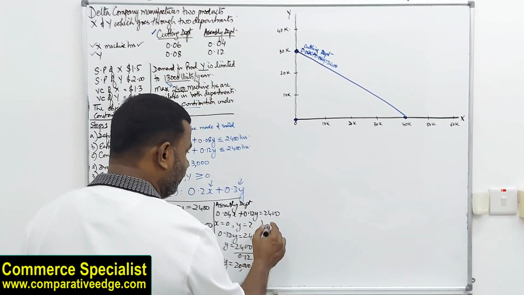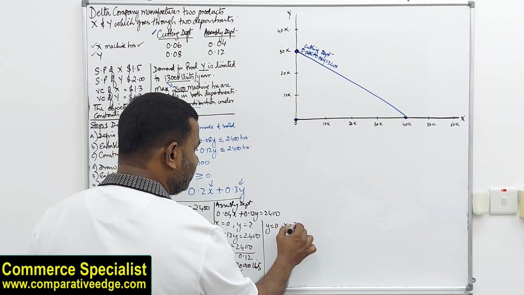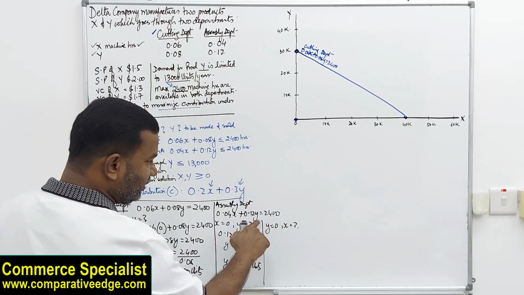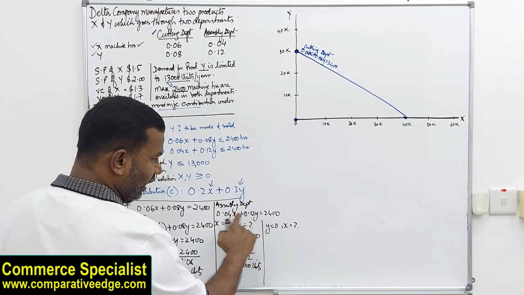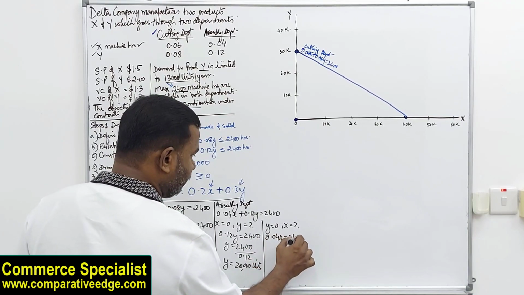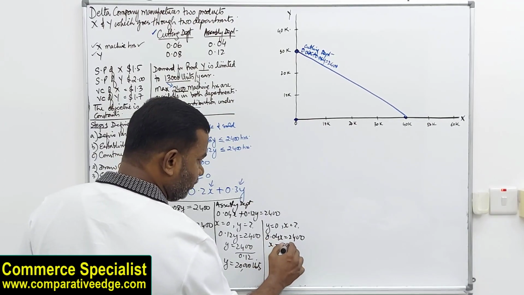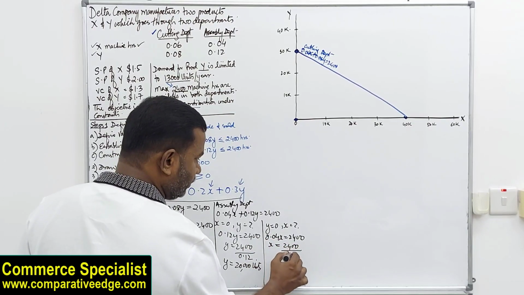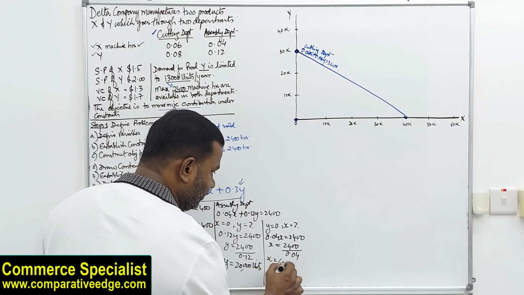Likewise, I want to know if y is 0, how much will be x? If I put y as 0, 0.12 into 0 will become 0. I will be left with 0.04x is equal to 2400. 0.04 will go there and divide. 2400 divided by 0.04, x will come to 60,000 units.